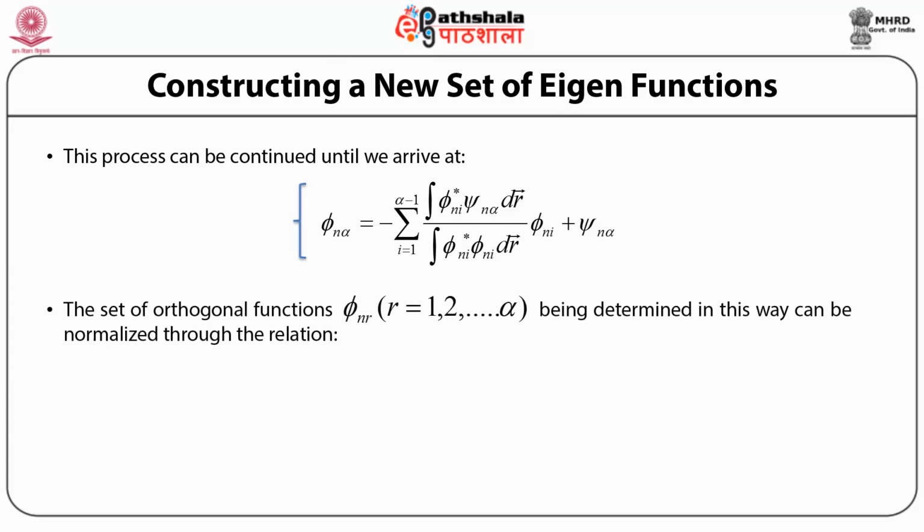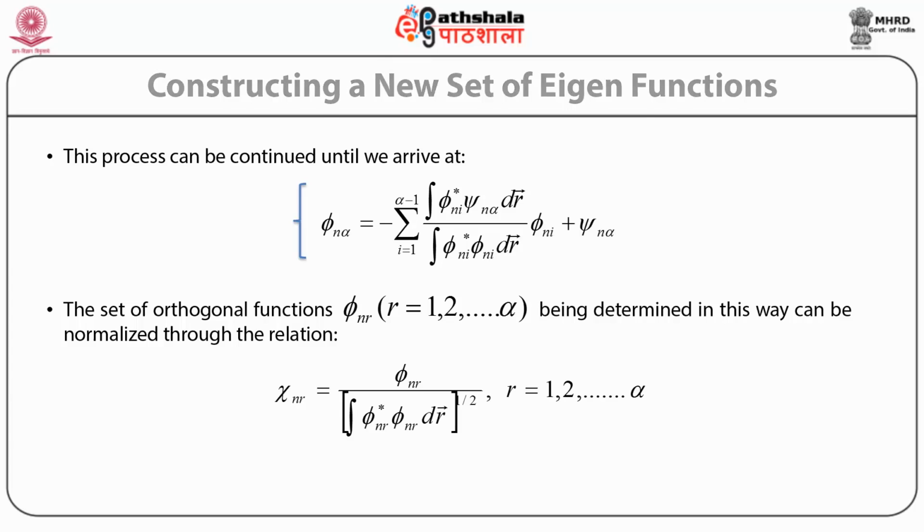The set of orthogonal functions phi nr for r taking the values 1, 2 till alpha, being determined in this way, can be normalized through the relation chi nr is equal to phi nr divided by square root of integral of phi nr star phi nr dr, where r takes up the values 1, 2 and so on till alpha.